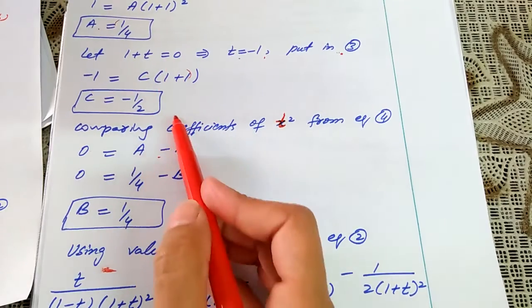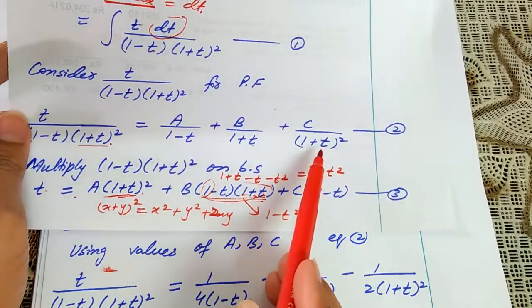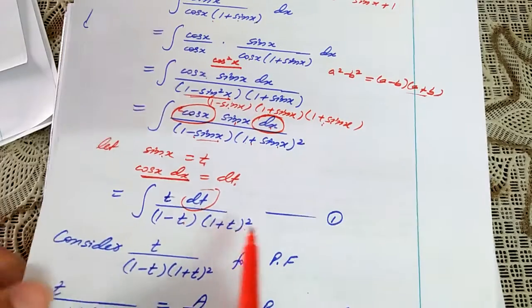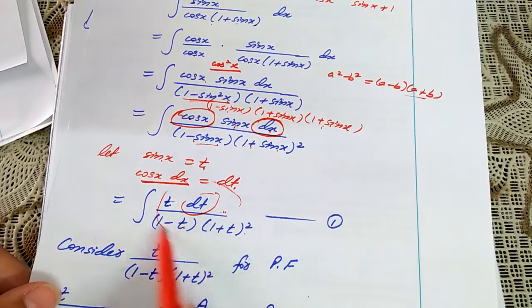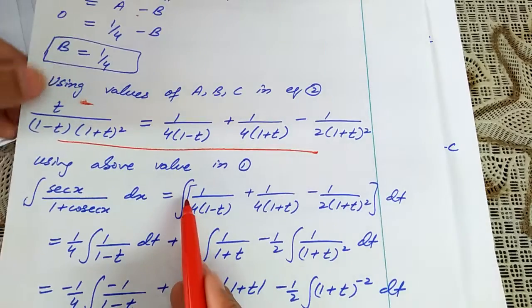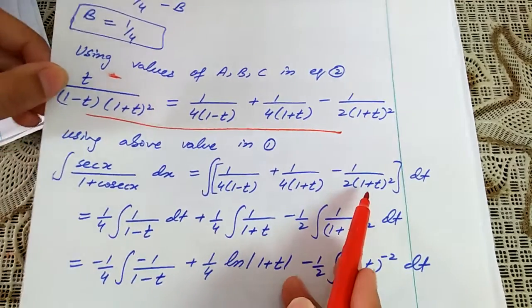Using the values of a, b and c in equation number 2, I will get this whole thing. Now we need to use this in equation number 1 because it was the partial fraction of this term. So just write it here in equation number 1 and separate the integration one by one for each fraction.